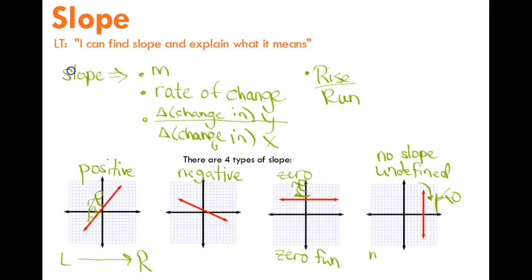No slope, no hope. Because if you try to ski down that hill, there is no hope of you surviving. So that's a little trick we use to remember the difference between those two, because they often get confused. So remember, 0 fun and no slope, no hope.